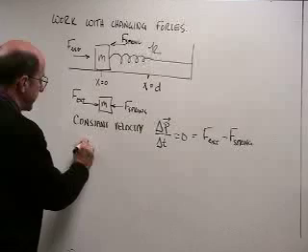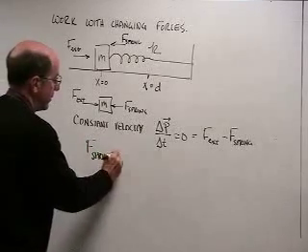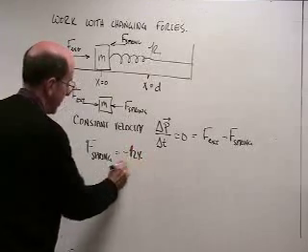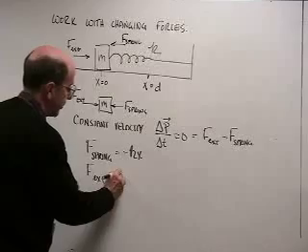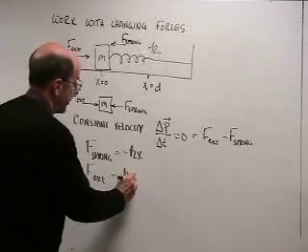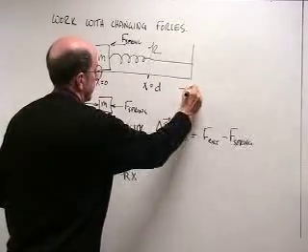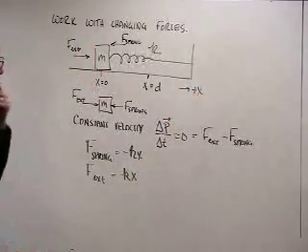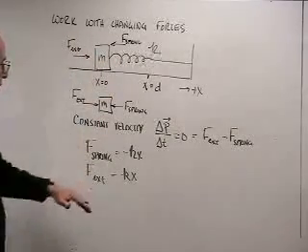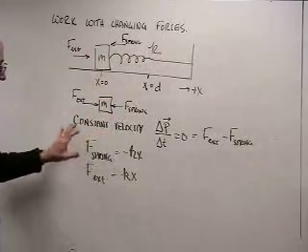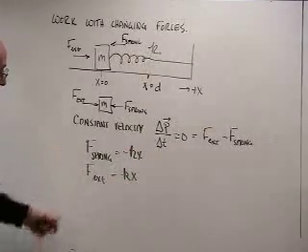And let's see, the force of the spring is equal to minus kx, and that means the external force I have to exert is equal to plus kx, where this is the plus x direction. Okay, so let's see if I got everything I need. I've got the diagram, I've got the forces that are involved, I've written down the momentum principle to help me keep track of those forces, and I wrote what they were.